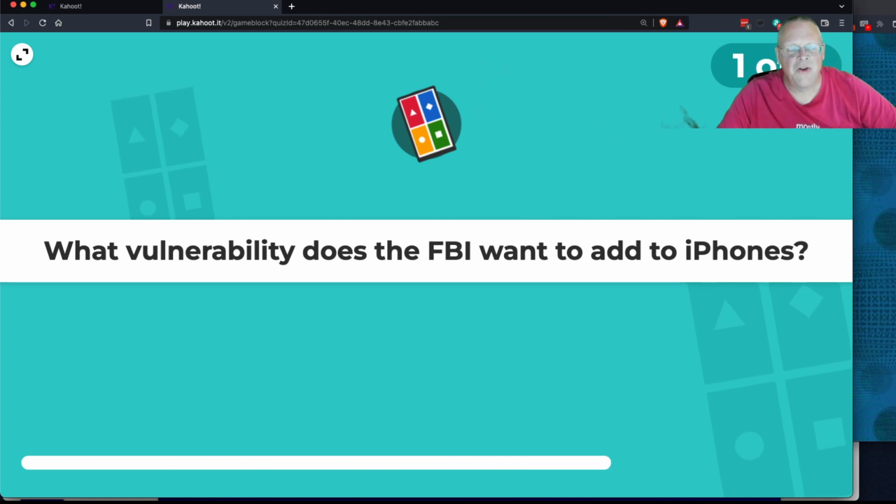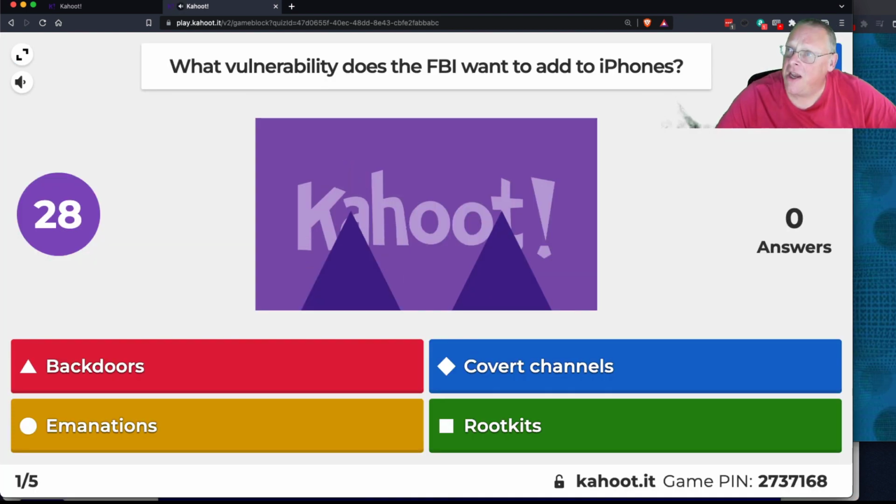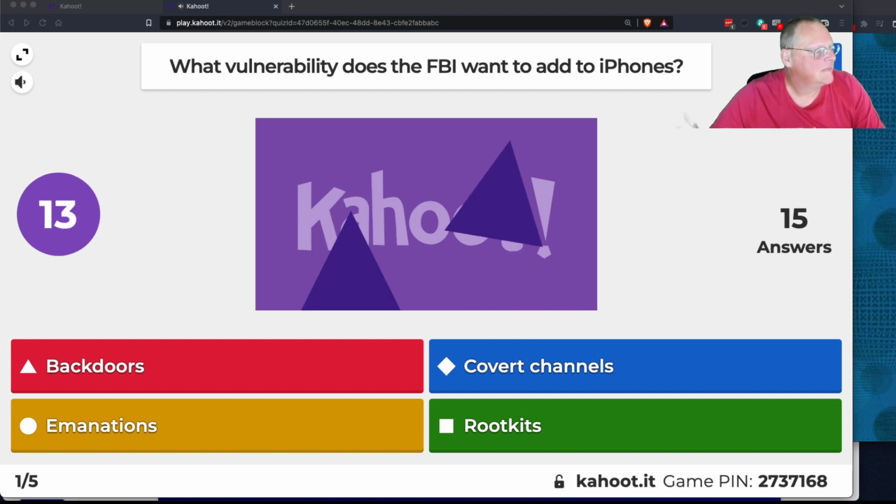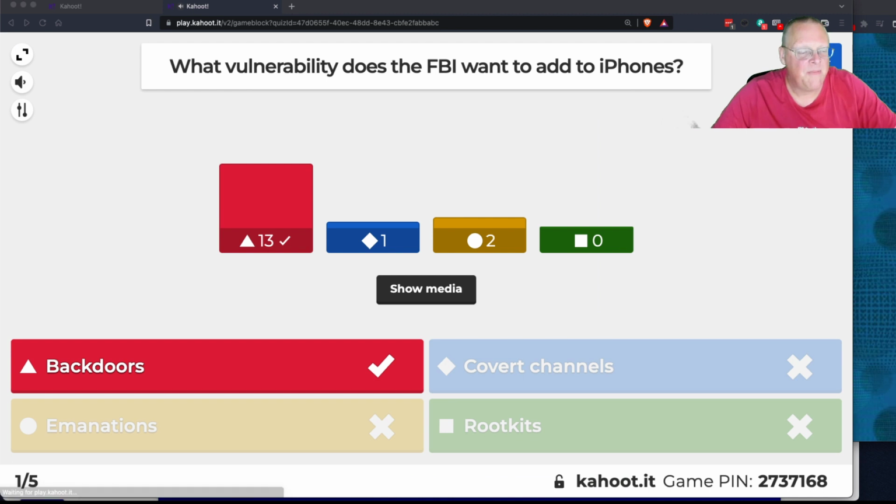All right, so what is it the FBI wants to add to the iPhones? They're always trying to do this. Yep, they want a backdoor.